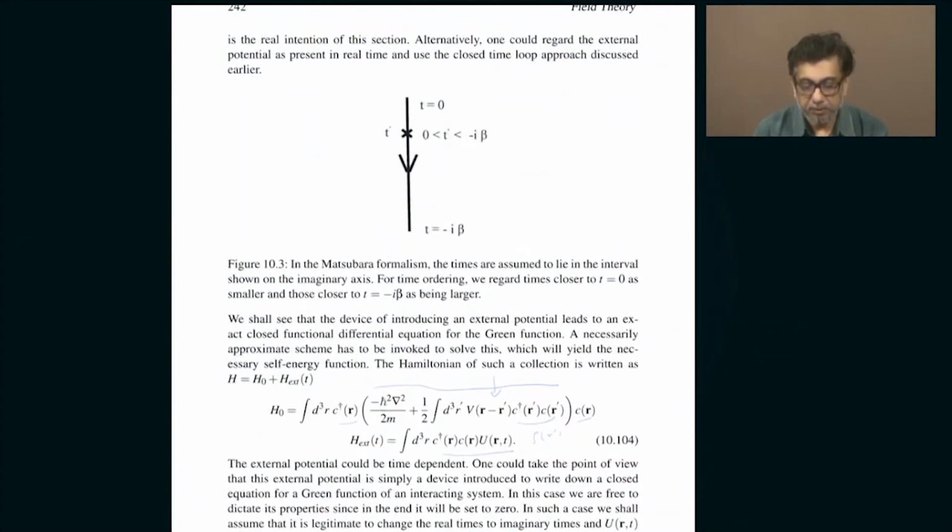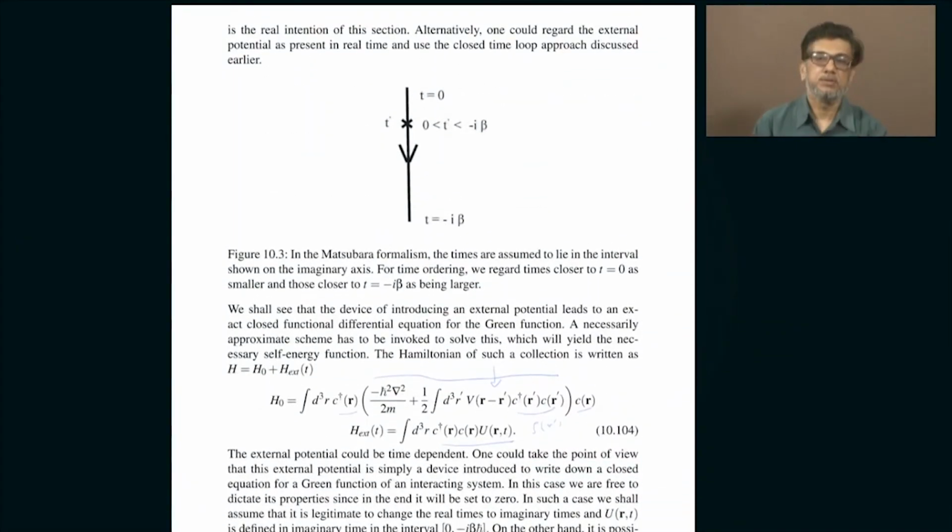This is merely a device to write down those functional differential equations, so it is clear that I am at liberty to choose this external time dependent field according to my convenience, because after all in the end I intend to set it equal to 0, because really speaking it is not there.